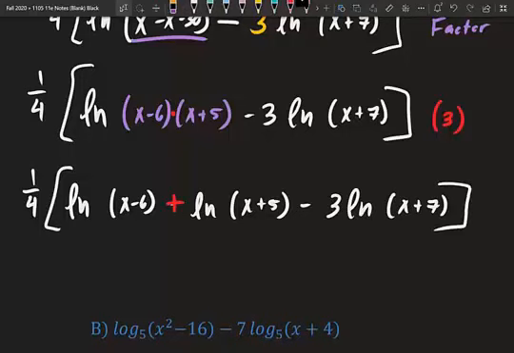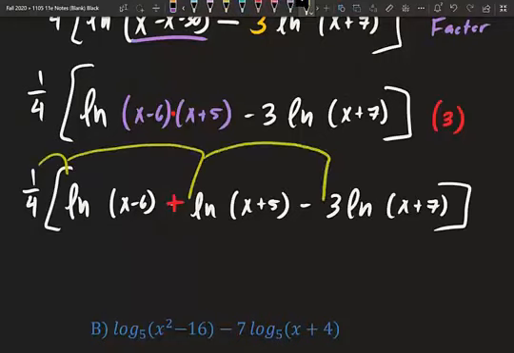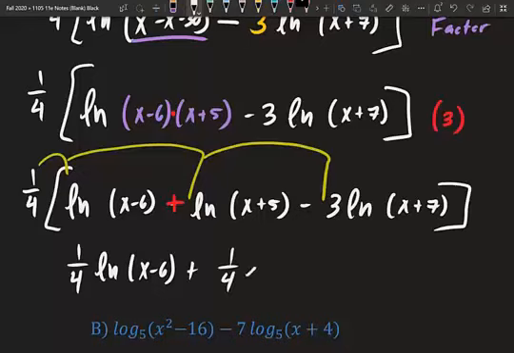When all of your arguments are factored, separated, there's no exponents, the last thing you do is we're going to distribute the 1/4 to all of them. So we'll have 1/4 ln x minus 6 plus 1/4 ln x plus 5 minus, so 1/4 times 3, that's 3/4 ln x plus 7.